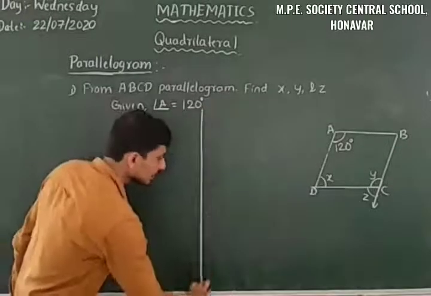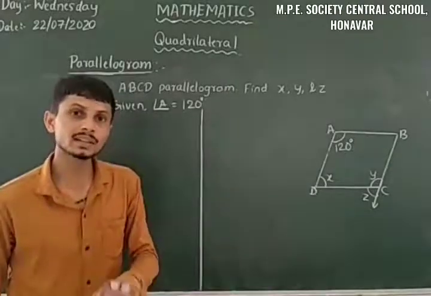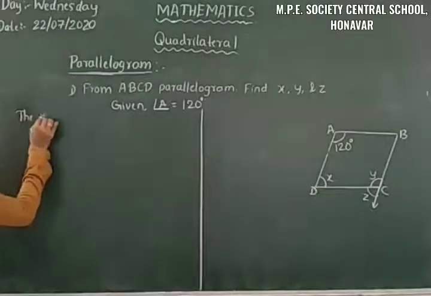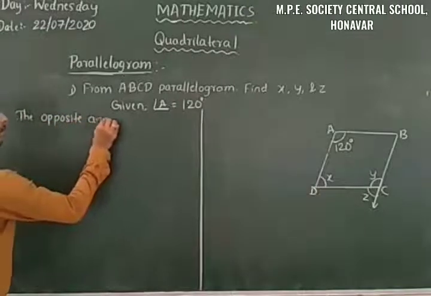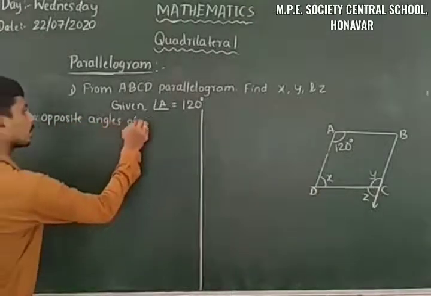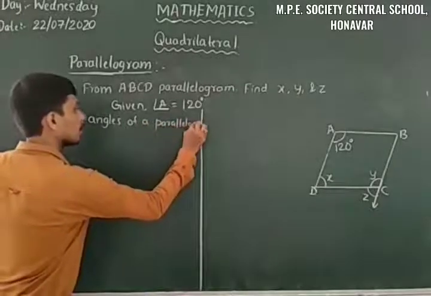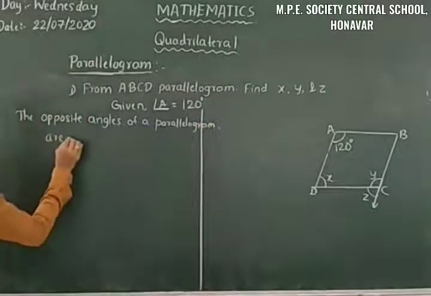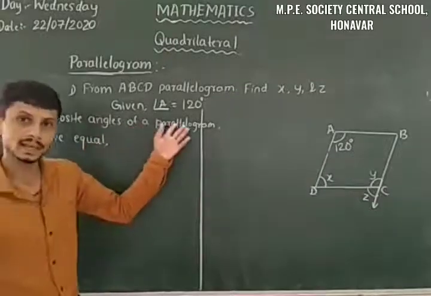Firstly I will take property number 2, that is, the opposite angles of a parallelogram are equal. What is the opposite angle of A here?